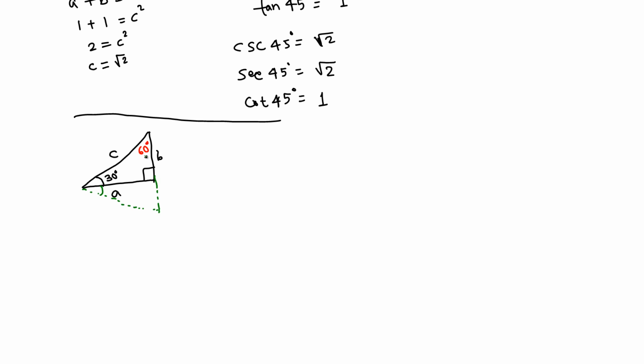If we look at the bigger triangle, this is 60, this is 60 now, then this will be 60 as well, because 60 plus 60 plus 60 is 180. Okay, so we get an equilateral triangle. All sides equal. Then if we take C equals, let's say, just 1 for simplicity.